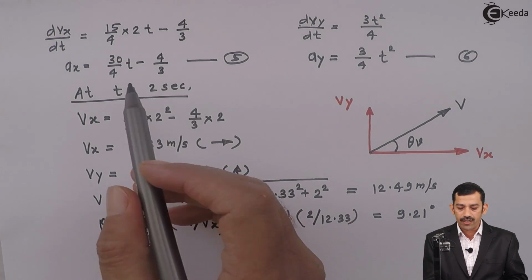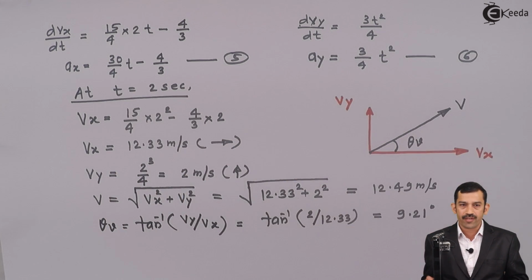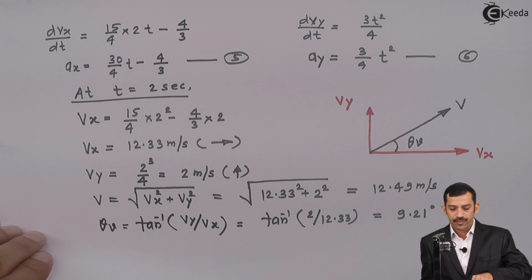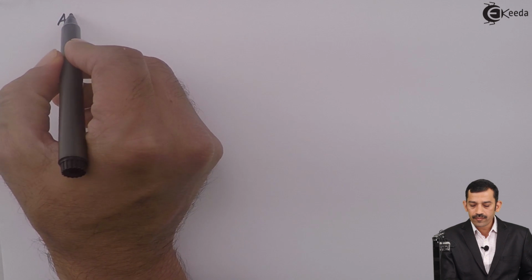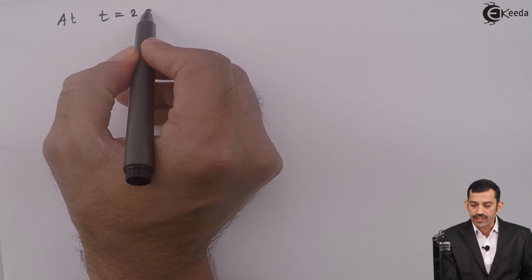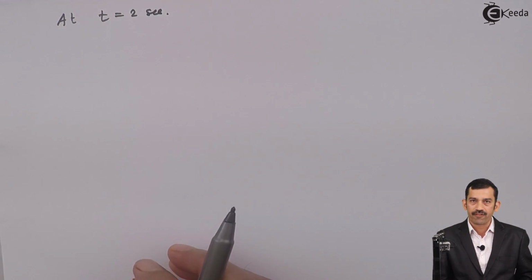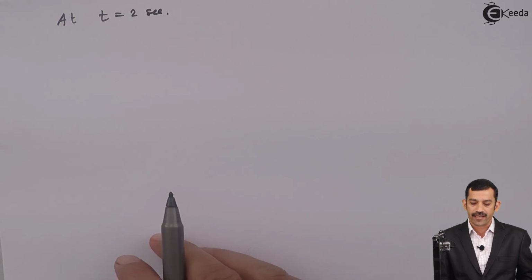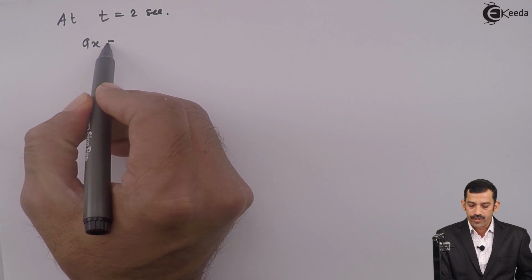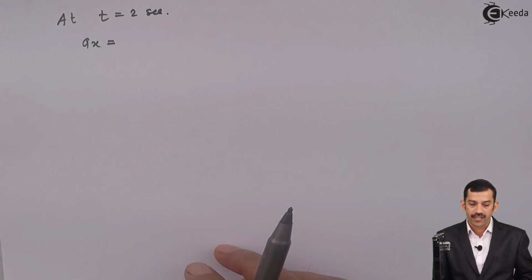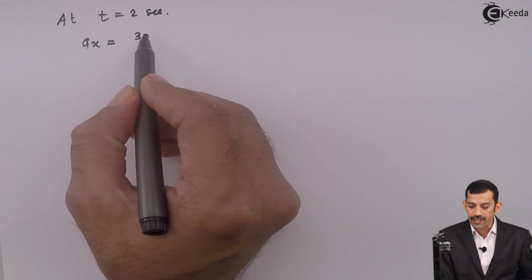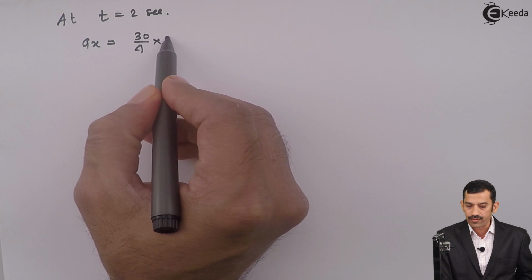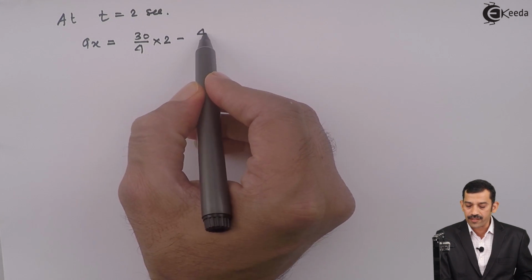We will substitute the value of t as 2 seconds in Ax as well as in Ay. What will we get here? Magnitude of components with direction. Therefore, substituting t equal to 2 seconds, using equation number 5, we will find out what Ax is. The equation of Ax is 30 by 4 into t, t is 2 seconds, we will substitute, minus 4 by 3.